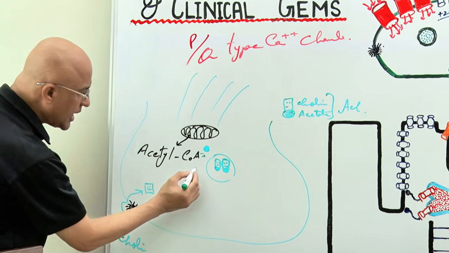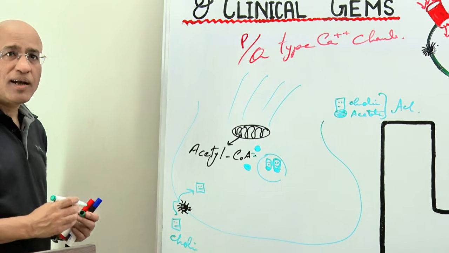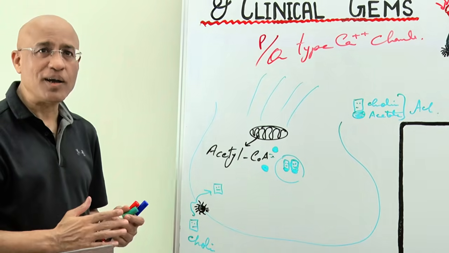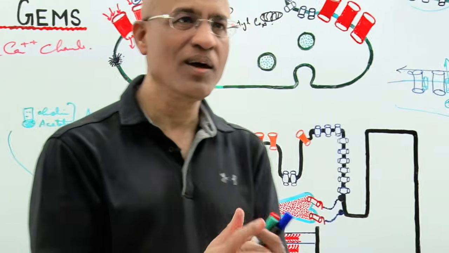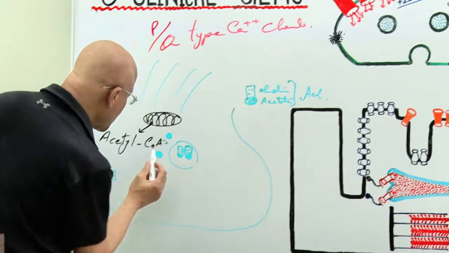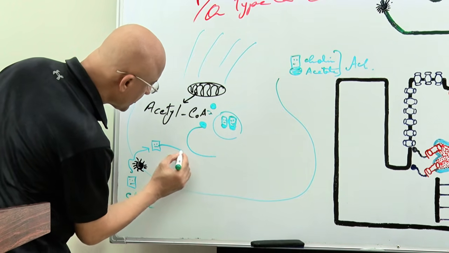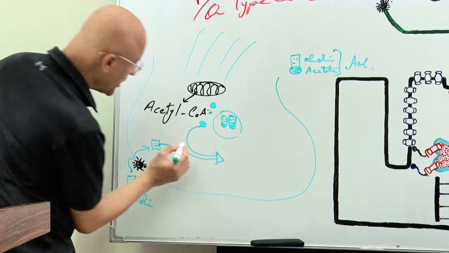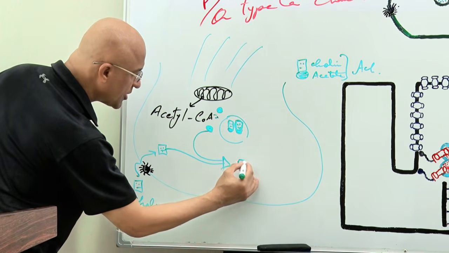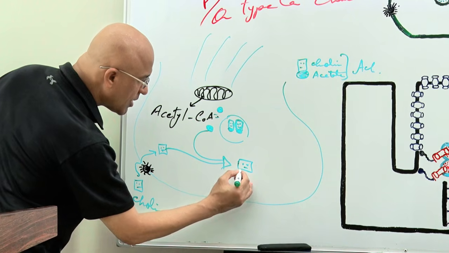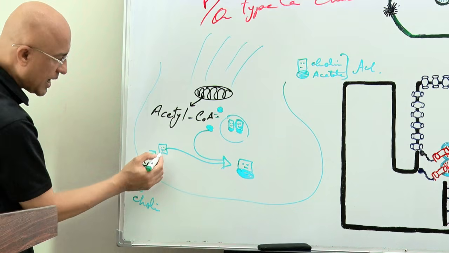Now, we have acetyl-CoA here and we have choline here. And there is someone who makes both of them form a union. Acetyl-CoA and choline fuse together under the influence of an enzyme.